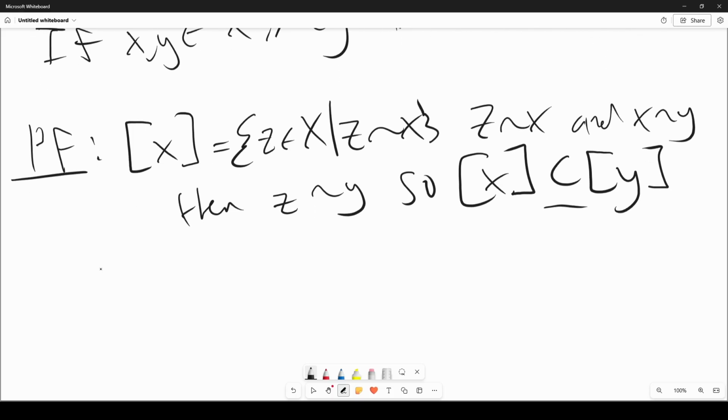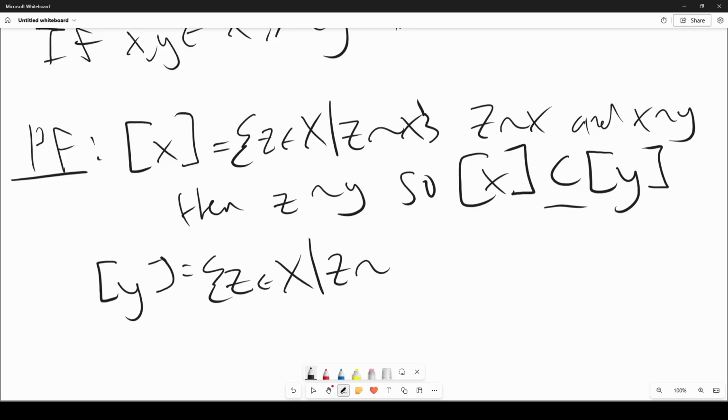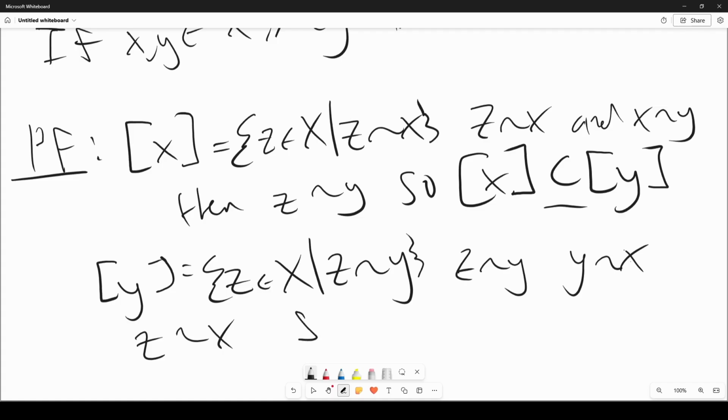I could do this the other way around. If I look at the equivalence class of y, this is all those z in X such that z is equivalent to y. But by symmetry, if x is equivalent to y, then y is equivalent to x. So if z is equivalent to y, which is equivalent to x, then I have z equivalent to x.